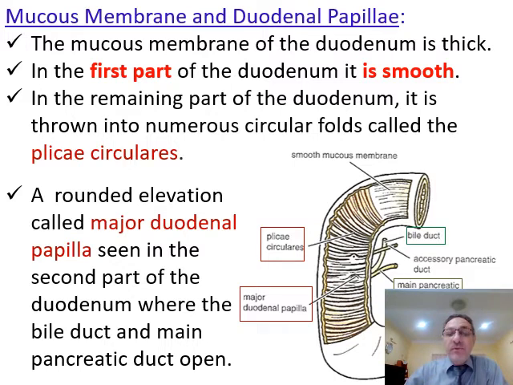Then there are circular mucosal folds, we call them plicae circulares. These continue down to the jejunum, decrease at the beginning of the ileum, and disappear at the end of the ileum. Here you see the plicae circulares, and you can see the major duodenal papilla and the papilla of the accessory pancreatic duct just above the major duodenal papilla.